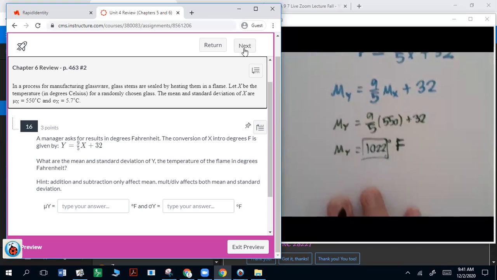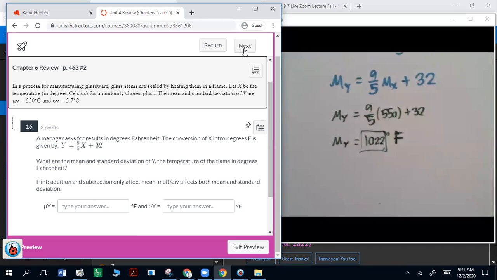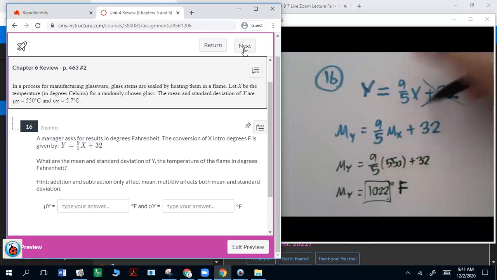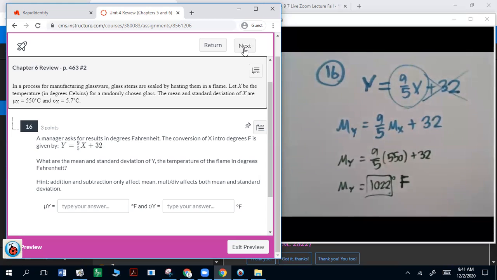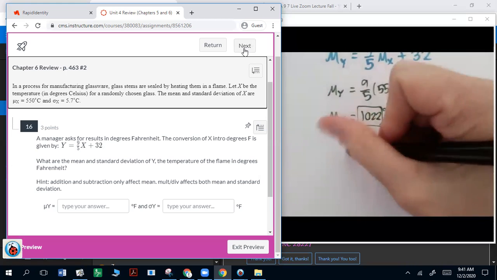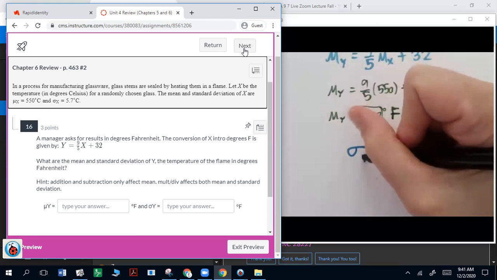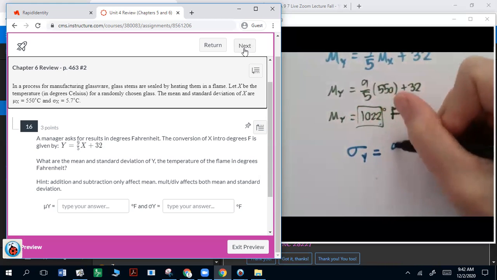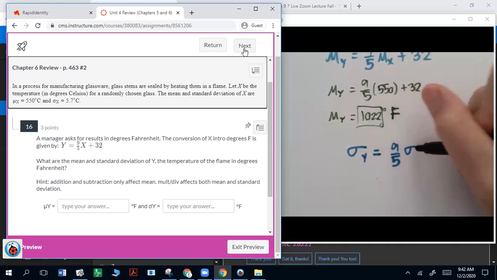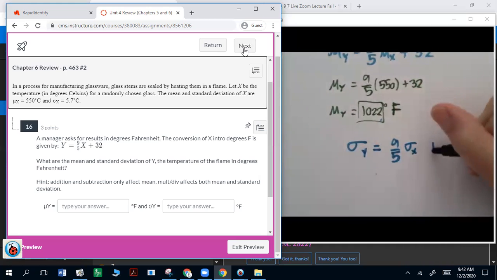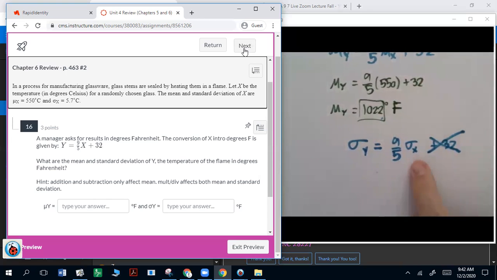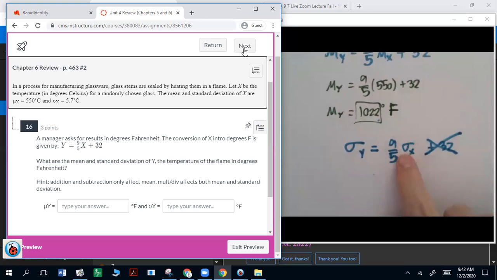So now standard deviation. Like in the previous problem, adding or subtracting doesn't affect that. So for the standard deviation, we're not doing the plus 32. We're only doing multiplying and dividing. Multiplying and dividing changes spread, but adding and subtracting doesn't. So for the standard deviation of Y, we would say only the 9/5 times the standard deviation of X. So we're just going to plug in the 5.7 into here.